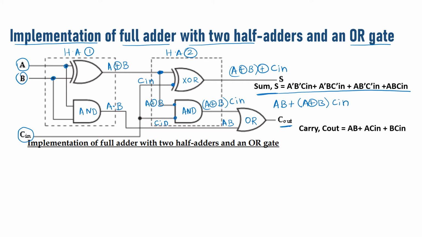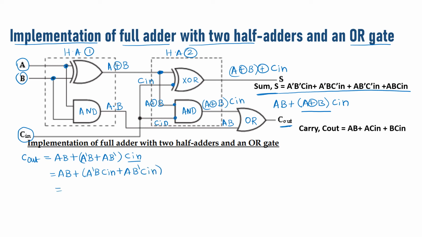So let me expand this value, that is C out. C out is equal to AB plus A XOR B, and A XOR B I can expand as A dash B plus A B dash, into C in. Again I am taking the same value AB plus, and if I multiply the C in inside, I will get A dash B C in plus A B dash C in.